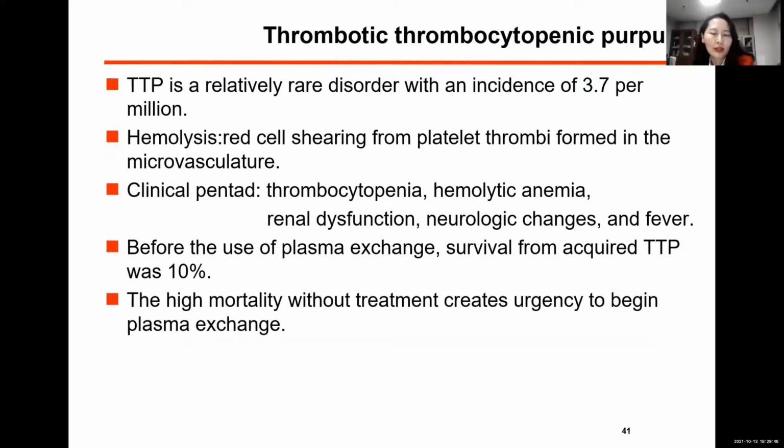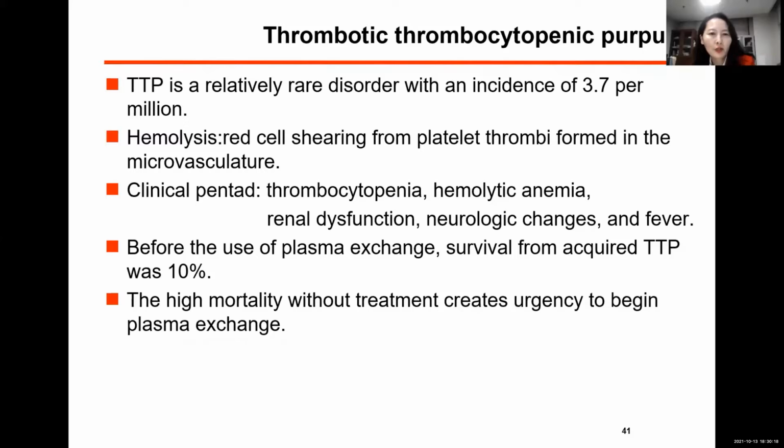TTP is an abbreviation of thrombotic thrombocytopenic purpura. TTP is a relatively rare disorder with an incidence of 3.7 per million. Hemolysis results from red cell shearing by platelet thrombi formed in the microvasculature.